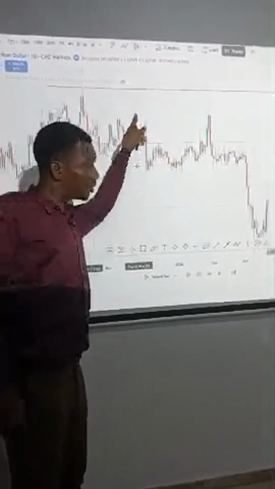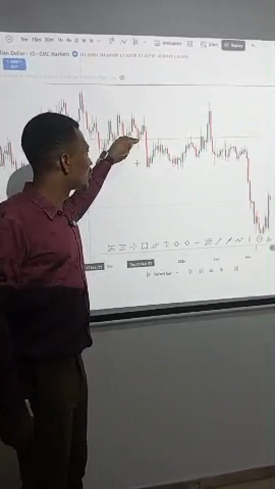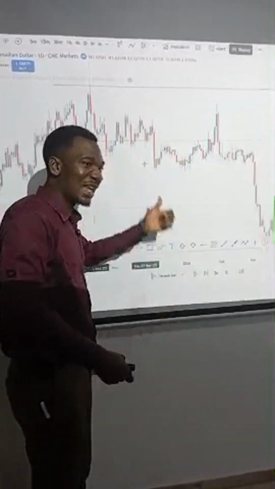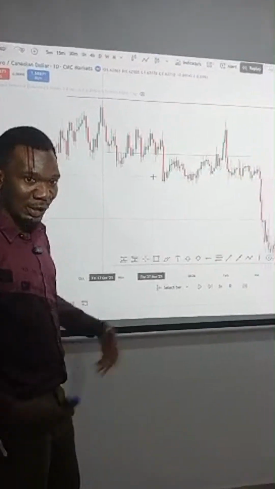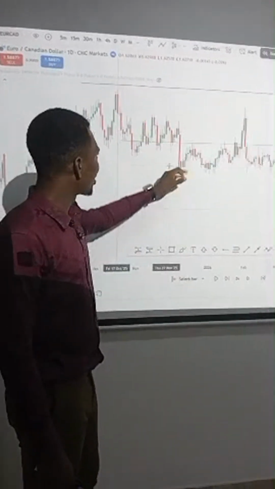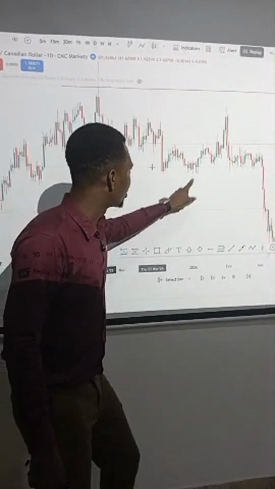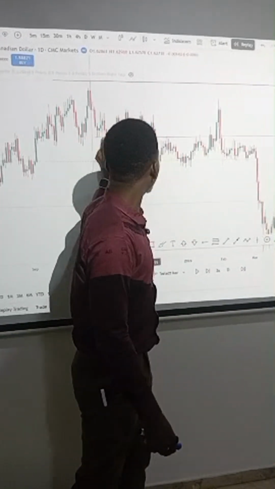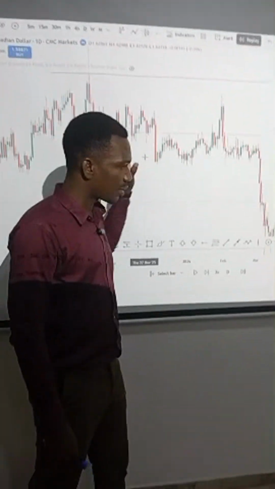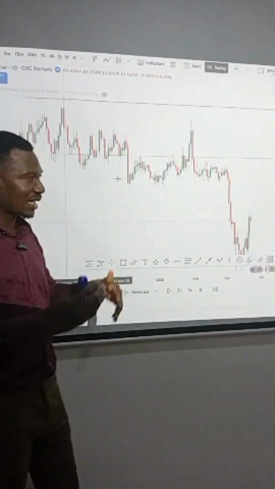And it still shied away from that level. So how many times will this happen before I know that this is a level I need to watch out for? The market came here, it dropped, came here, it dropped. So clearly, there is something at this level that is making price always react like that.